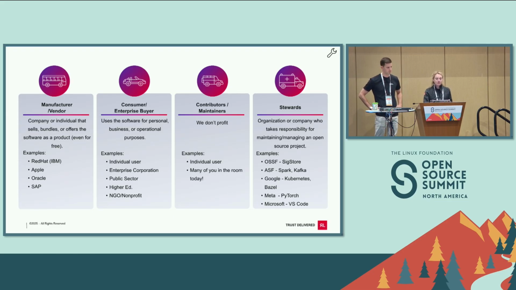Open source maintainer or contributor, these are non-commercial products or projects, right? You're not monetizing on them. That's the key here. And then lastly is steward, and this is a little bit more nuanced. They're typically an organization like a foundation or a non-profit that governs or oversees an open source project's direction without directly selling it. So we have some fun examples here, but I just wanted to make sure we're all level set on who we're talking about here today.